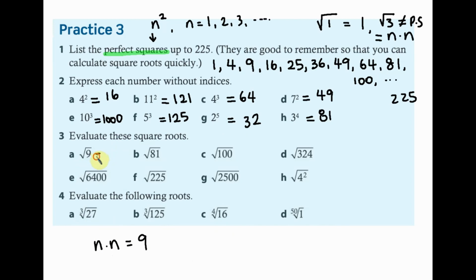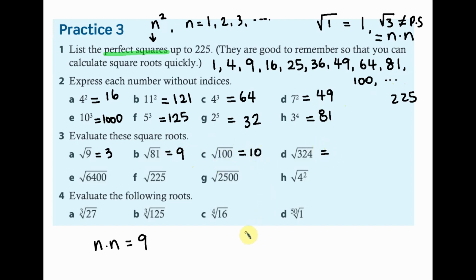In this case, it was 3. So this relates to your first question, the perfect square. The 9 is an example of a perfect square. So that's how I know the square root of 9 is 3. 81, is that also a perfect square? The answer is yes. In this case, I got 9. The square root of 100 is 10.